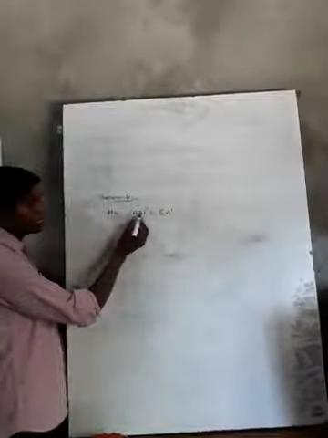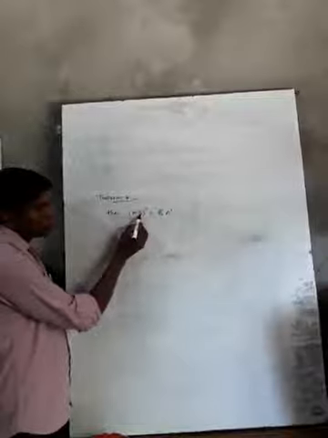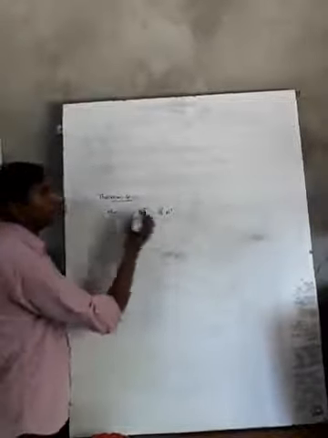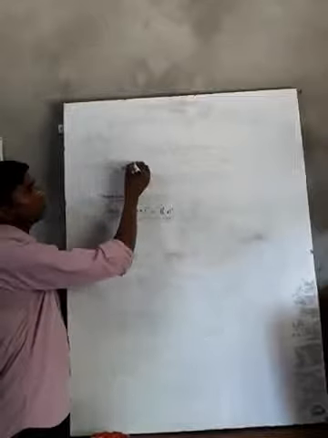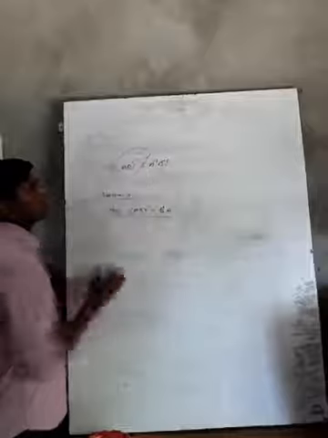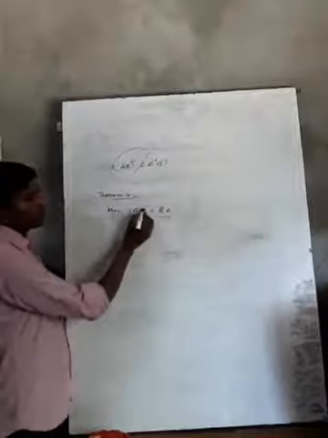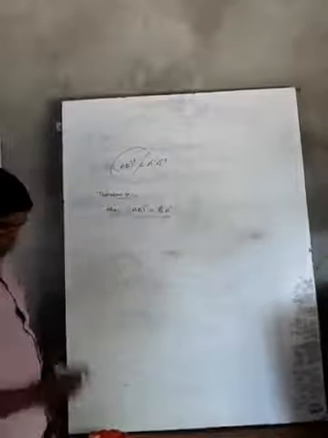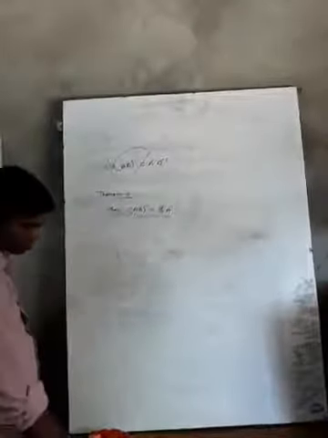Means the order will be interchanged: the last one, B, will come at the front and A will go at the last. If (AB) inverse were equal to A inverse B inverse, that would be wrong. This is not possible. But (AB) inverse equals B inverse into A inverse, that we have to prove here.